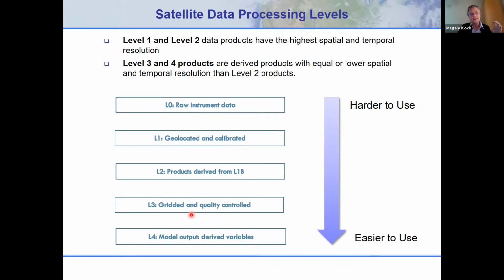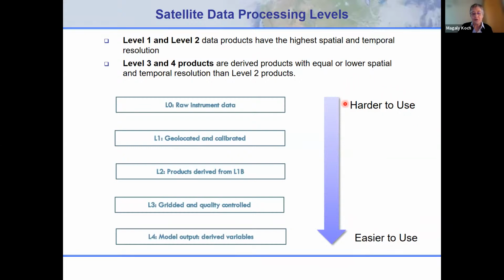Or the satellite data was already ingested into a model, and the model produced an output, that would be level 4. So for the non-expert, the easiest type of satellite-derived information would be level 4, because that's like a map that is ready to be analyzed in a GIS system.